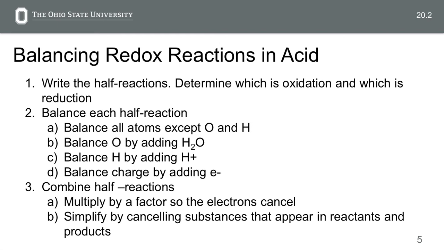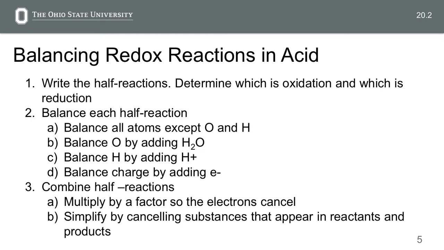And then we're going to look at which half reaction is oxidation and which is reduction. That step doesn't necessarily have to happen, but it is useful to think about that, and I'll show you a little bit on that. The next thing we're going to do is balance each half reaction, and the way of doing that, we're going to start with balancing atoms that aren't oxygen and hydrogen.